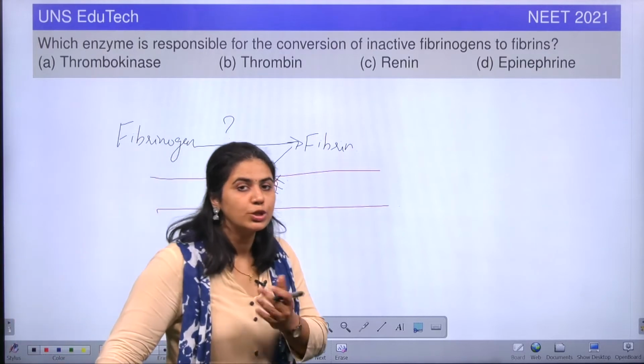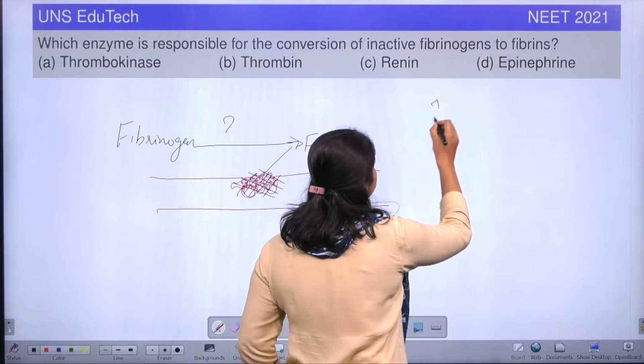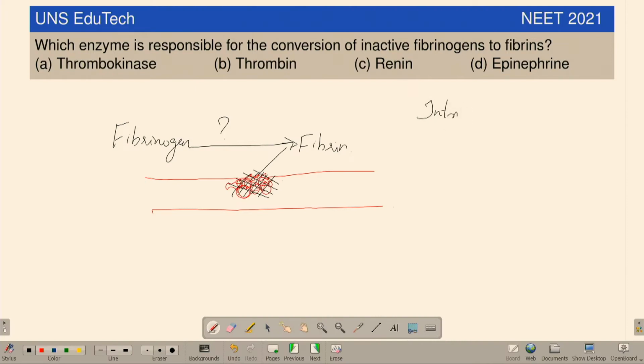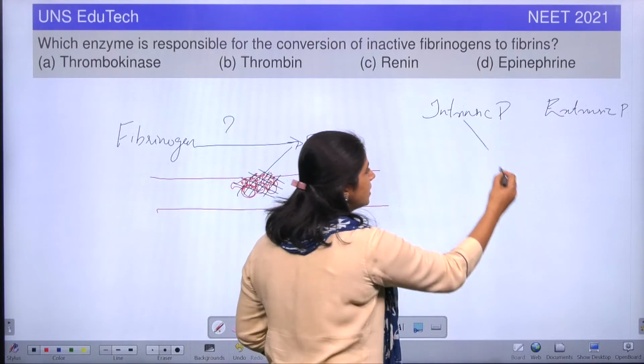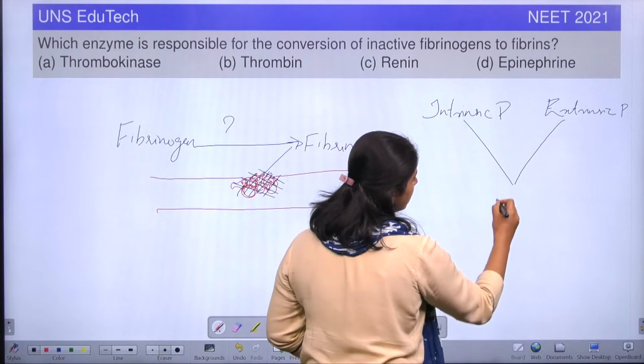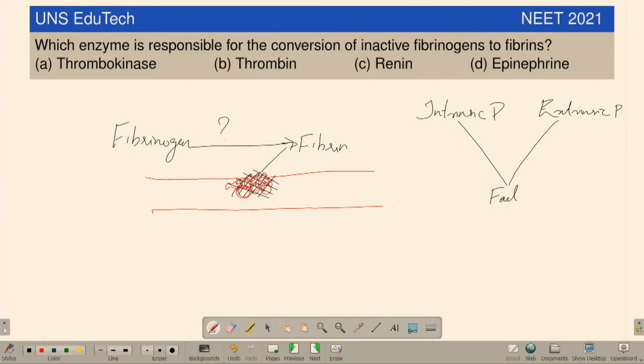Blood clotting has two pathways, that is the intrinsic pathway and the extrinsic pathway, right? Both pathways converge on a common factor, that is factor 10, or we can also call it thrombokinase.